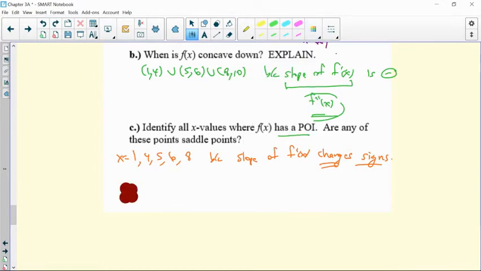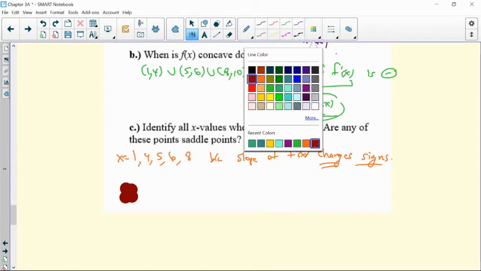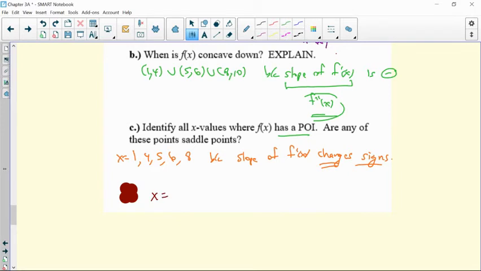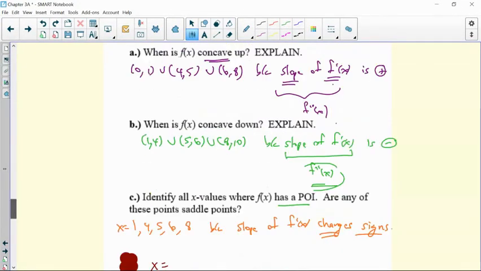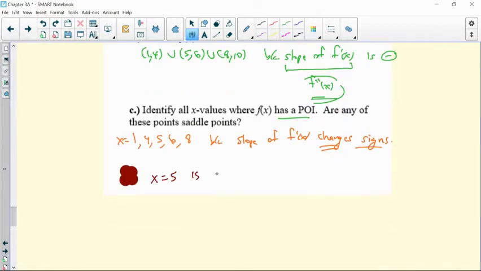So I could say x equals, what was it again? Oh yeah, 5 is a saddle point because f prime of 5 is also 0, right?